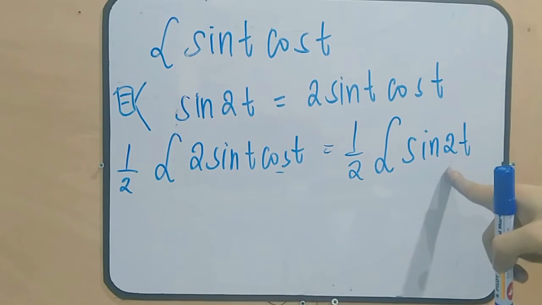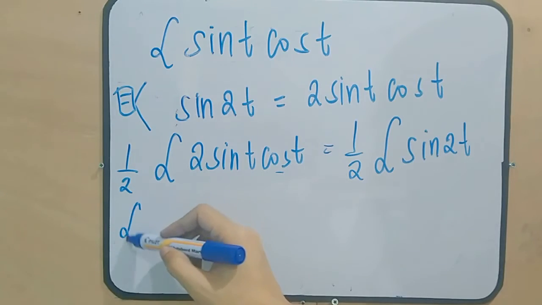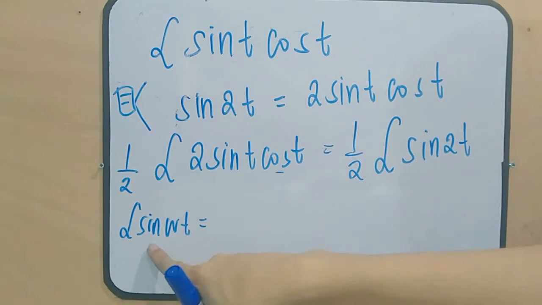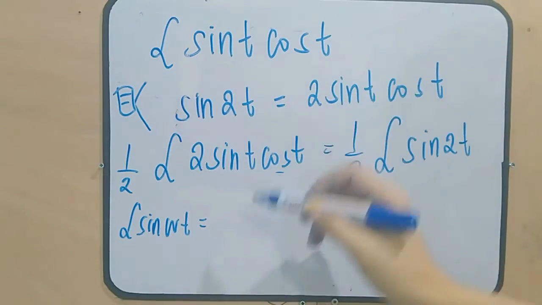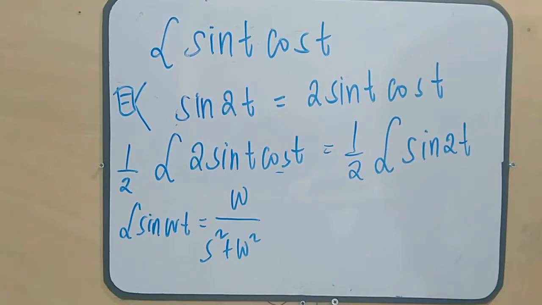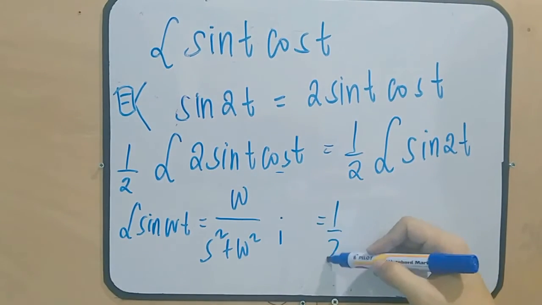So in this case, guys, we can solve it using the formula. The Laplace transform of sine wt is equal to, for sine, the one on top is the constant, so this is w all over s squared plus w squared. Now let's apply it here. This is just equal to 1/2.